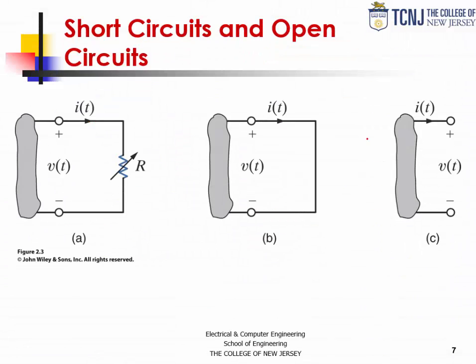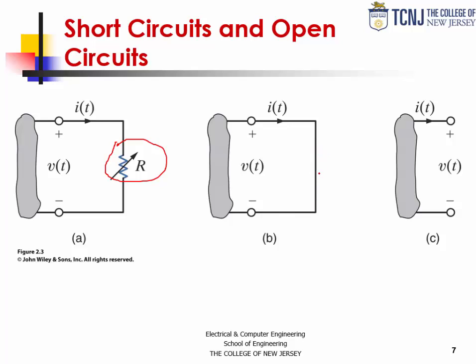Other concepts that are going to be handy later on are those of short circuit and open circuit. Normally I'm going to have a voltage forcing a current through a resistor that has some value, but at the extremes of those cases, I can have a short circuit.